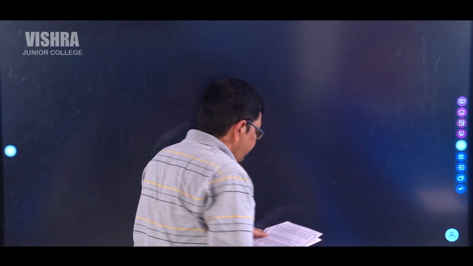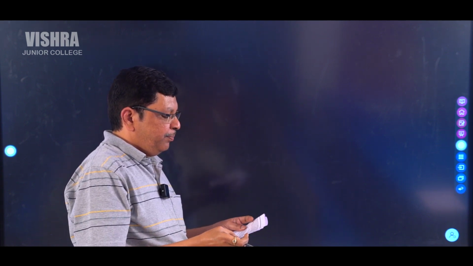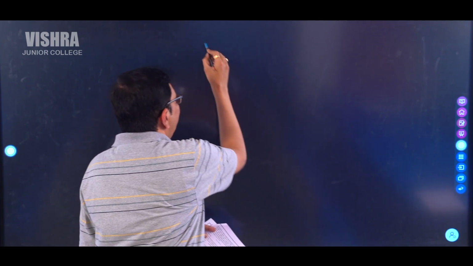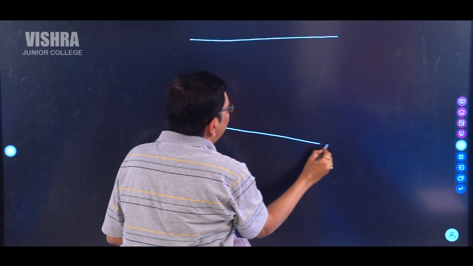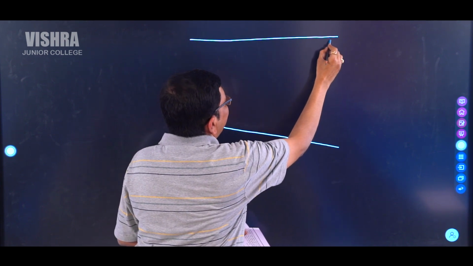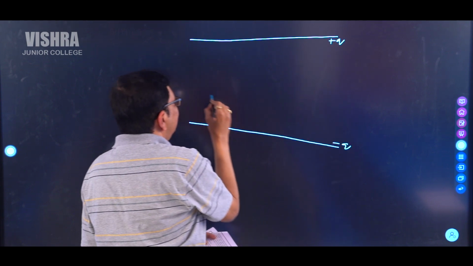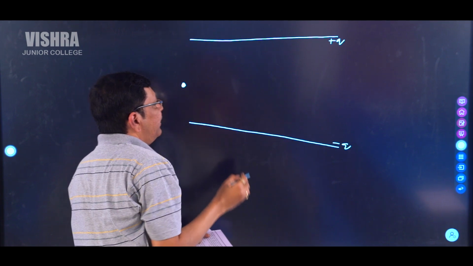In the next question, it is given that an electron is made to enter symmetrically between two parallel and equally opposite charged metal plates. Let me take one charged metal plate above, another charged metal plate below. Suppose the upper metal plate is positively charged and the lower metal plate is negatively charged, equally spaced, so it will enter from the midpoint.